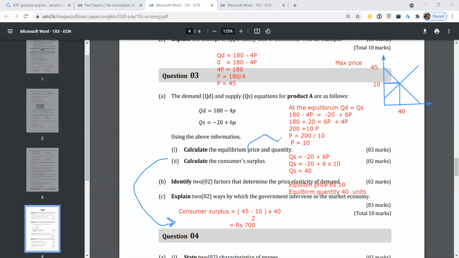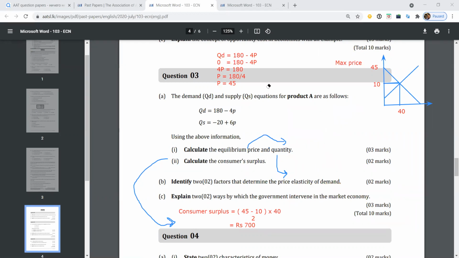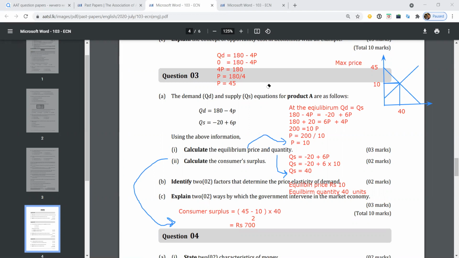Equilibrium price. So the price should be 20. Oh, I'm sorry, I didn't see that. Right, thank you. In here this should be 20, 200 divided by 10.